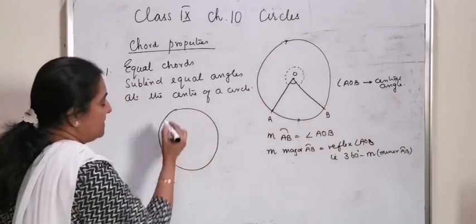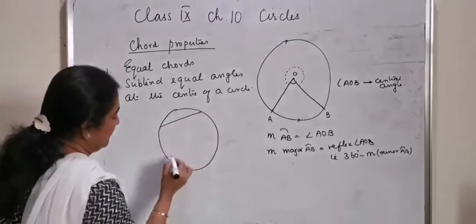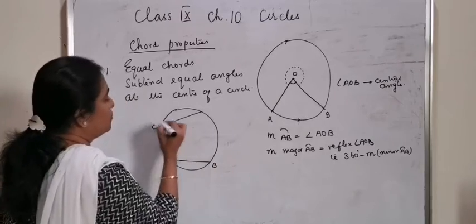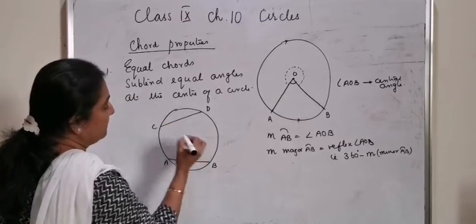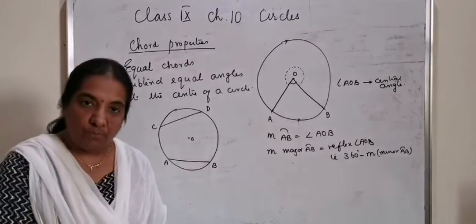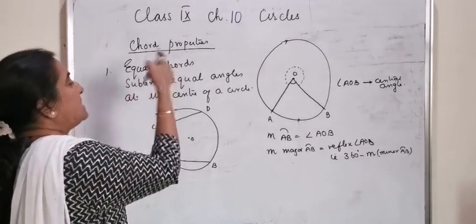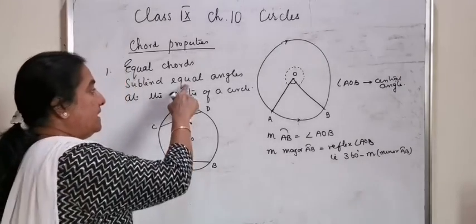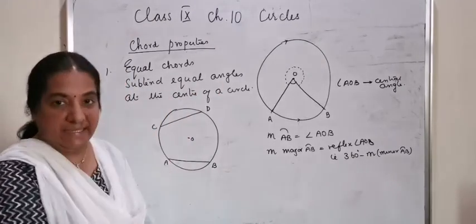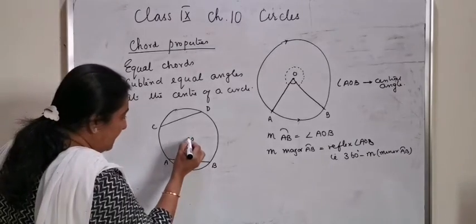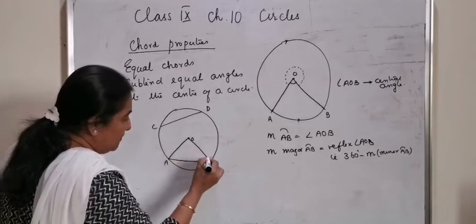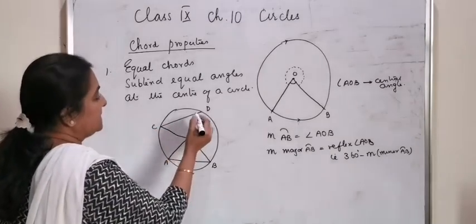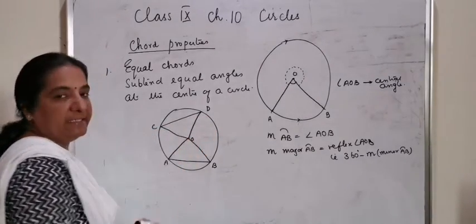If AB and CD represent two equal chords in the circle with center O, equal chords subtend equal angles, meaning they make equal angles at the center. Chord AB subtends angle AOB at the center, and chord CD subtends angle COD at the center.